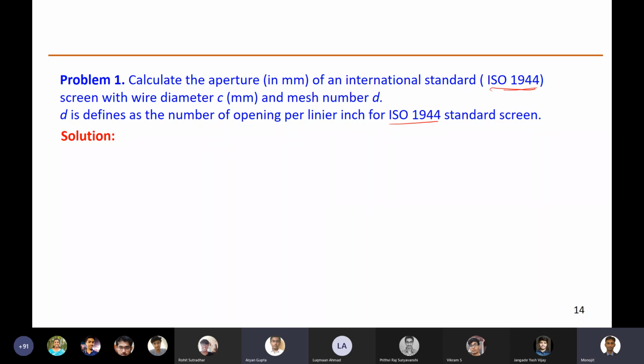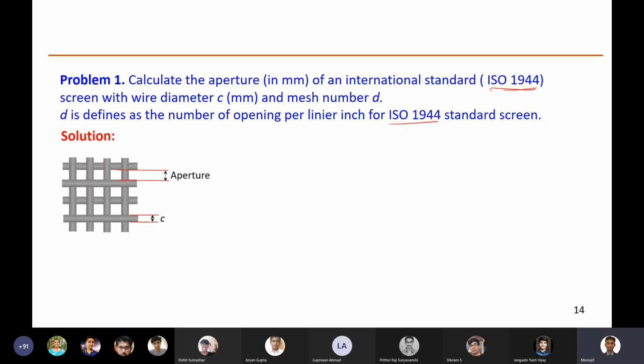So can you calculate the aperture in millimeter? Trying, sir. If you want to know the relation between the inch and millimeter, I think it's around 25.4. 25.4 millimeter is 1 inch, I think. Just check it in Google. So how will we proceed?